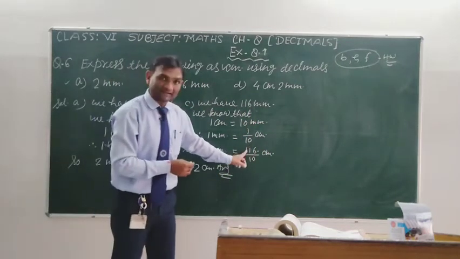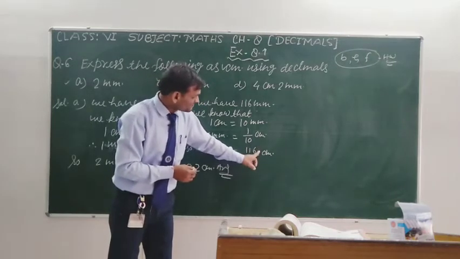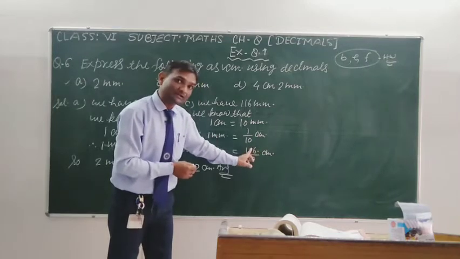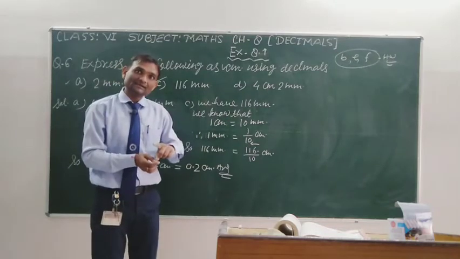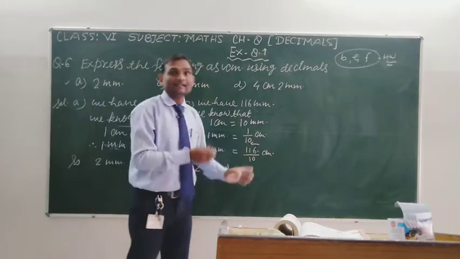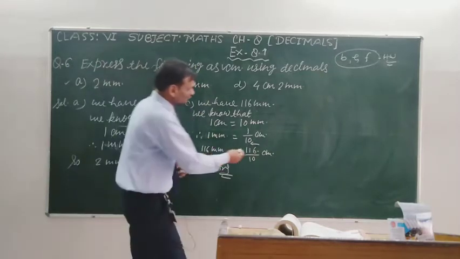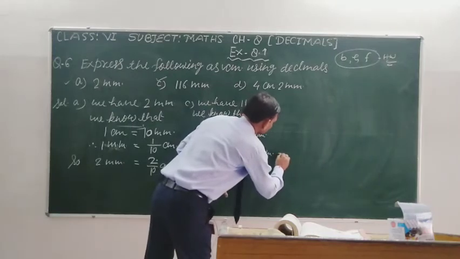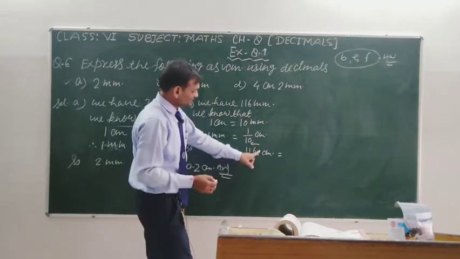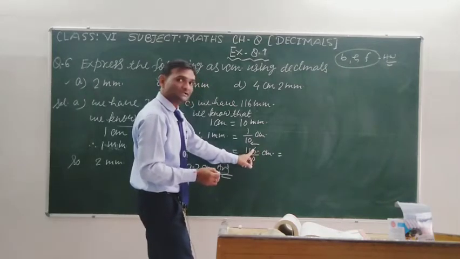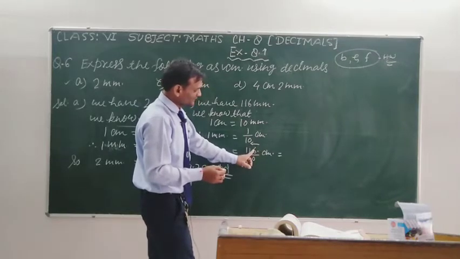When you divide by 10, you see that 10 has one 0, so your decimal point will shift one digit to the left. In dividing, the decimal moves to the left, and in multiplication, the decimal shifts to the right. So the decimal point moves one digit to the left, before 6.